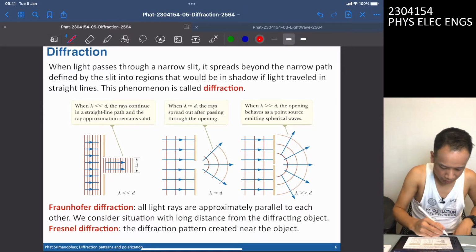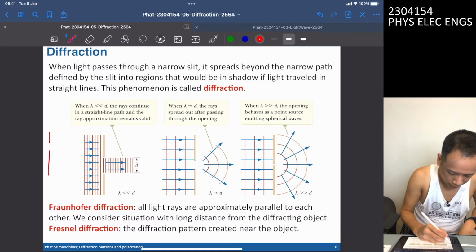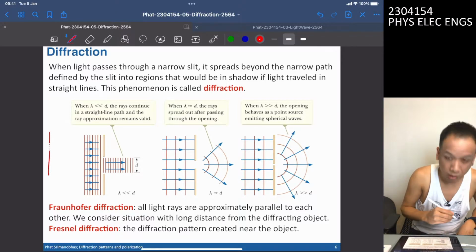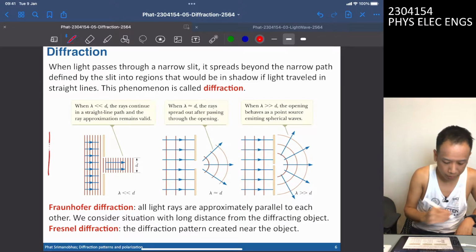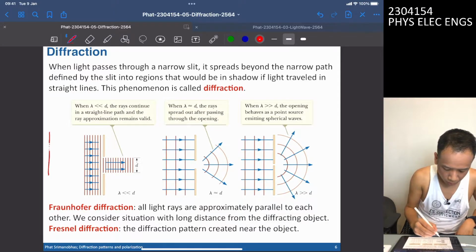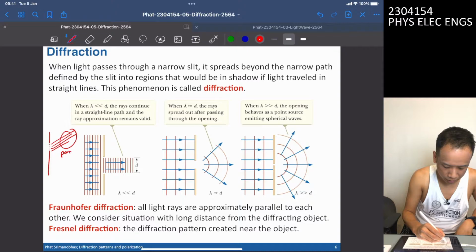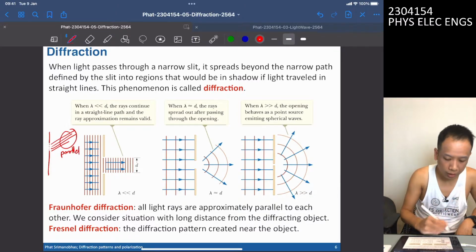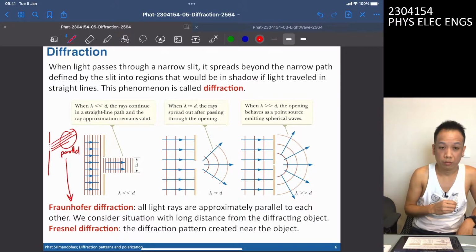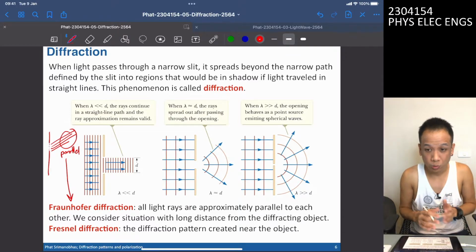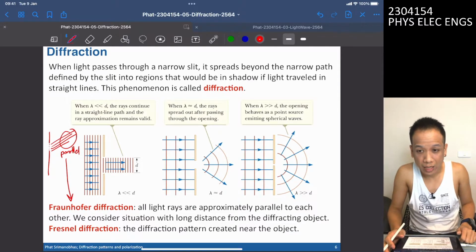So what I'm saying is that you have the hole, and in the hole you have the sources. This is Huygens' principle, right? So in Fraunhofer diffraction, or far field diffraction, it means that all of these rays are approximately parallel to each other. Okay, so this is the case of Fraunhofer diffraction, and this is what we're going to learn in this class.